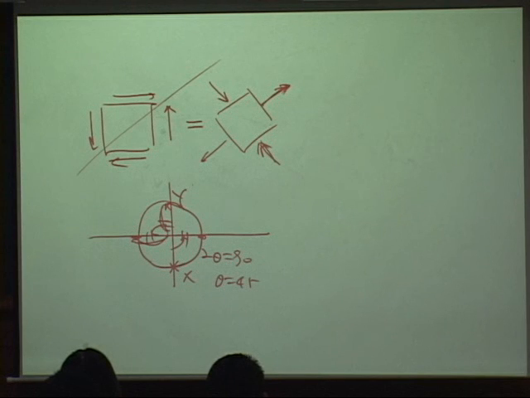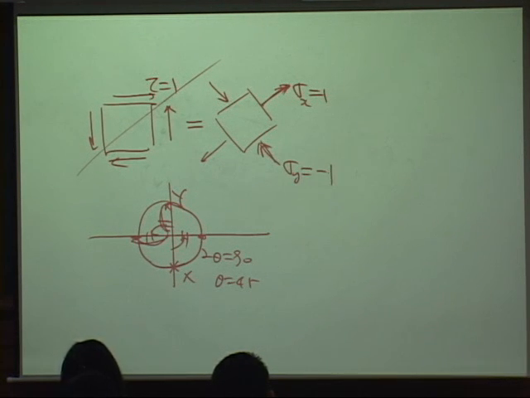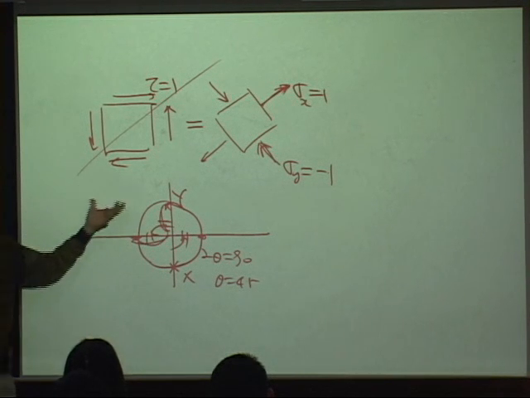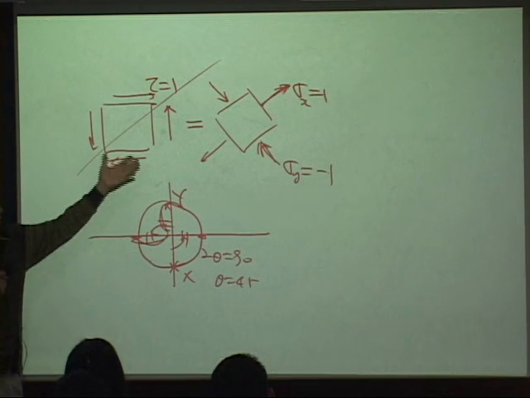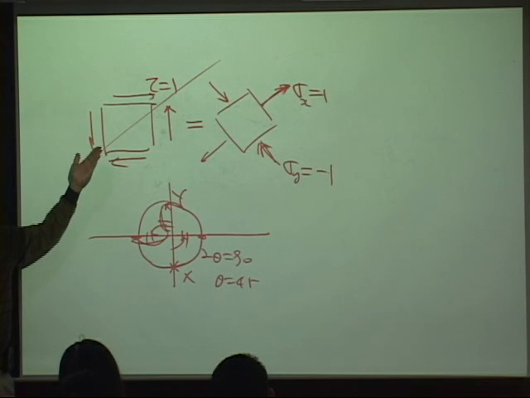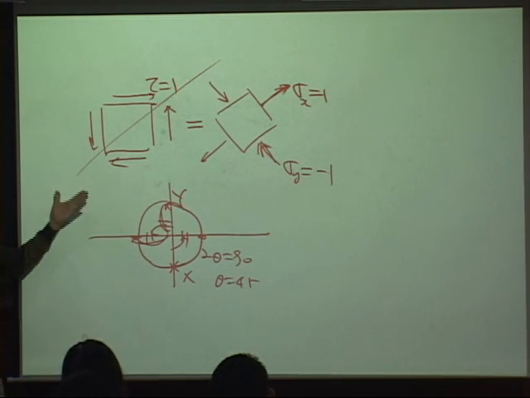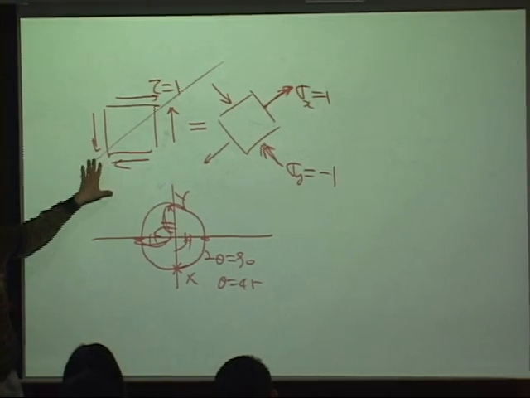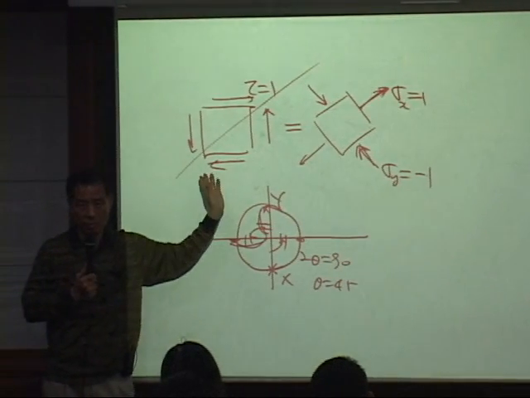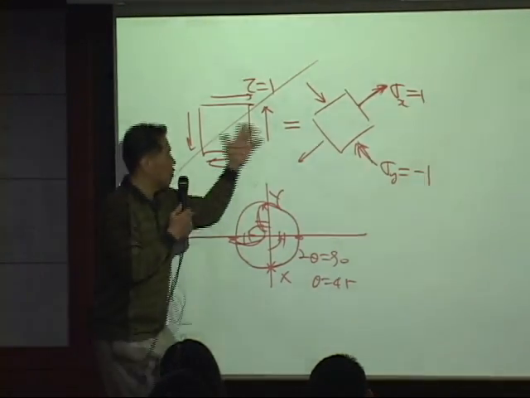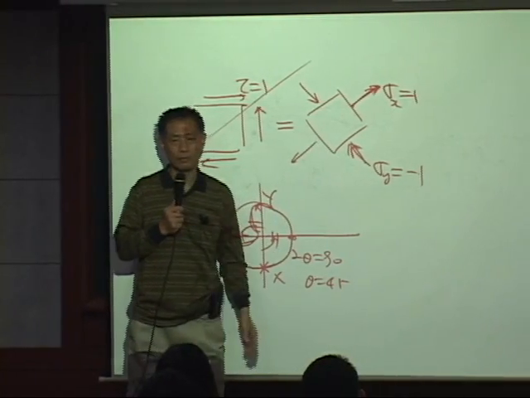So if you apply tau equal 1, then sigma x will be 1 and sigma y will be -1. Okay, you gotta remember this. You need to know how to draw the Mohr circle, of course, and you have to have these relations immediately. You have this one, you get this one.